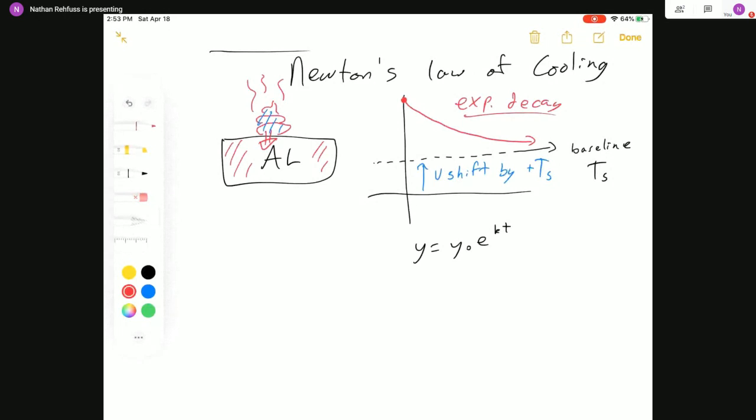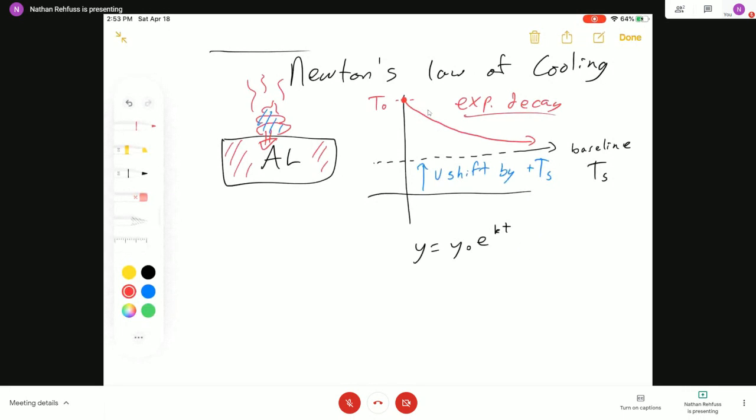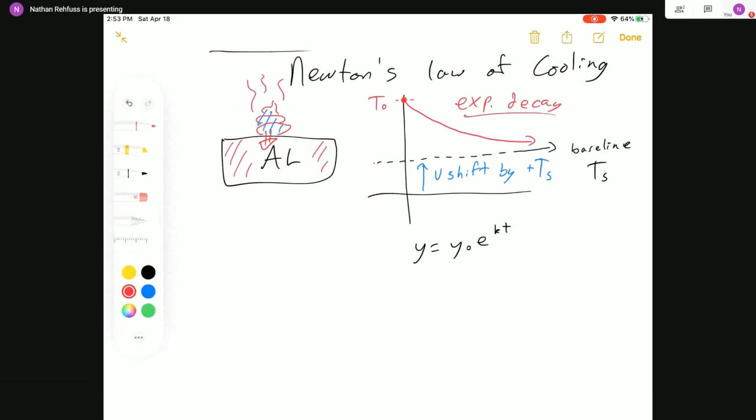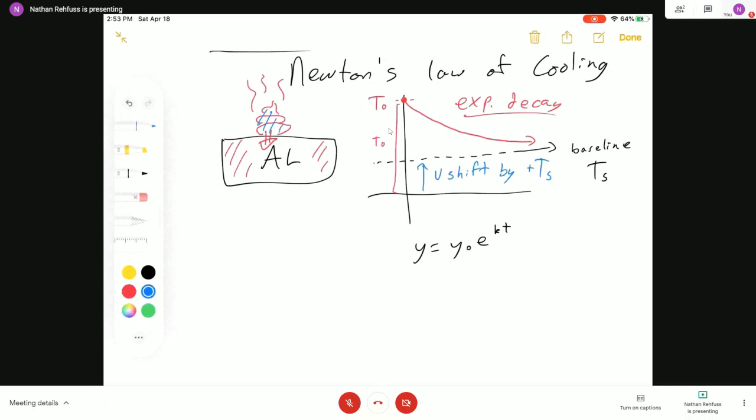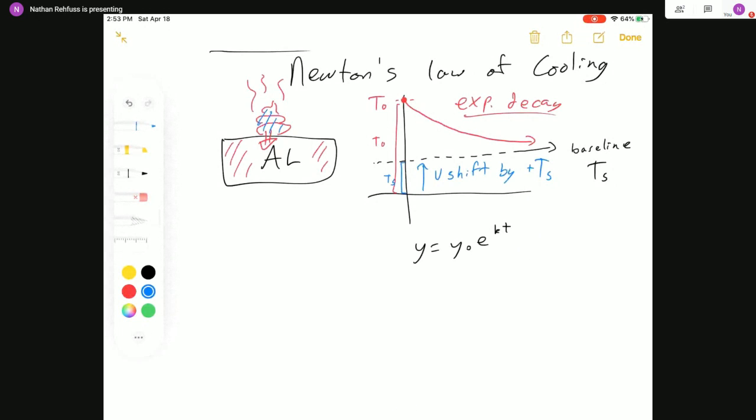This is an important point. Let's say this is the initial temperature T sub 0, yes? This right here. Well, then this is T sub 0, and this is T sub S. So that's our initial temperature and our room temperature. And when I make this coefficient y0, in a regular exponential decay problem, this length is y0.